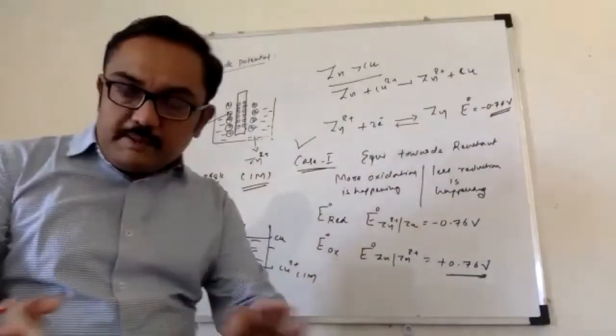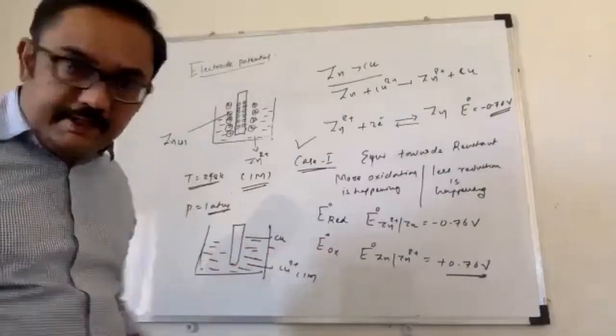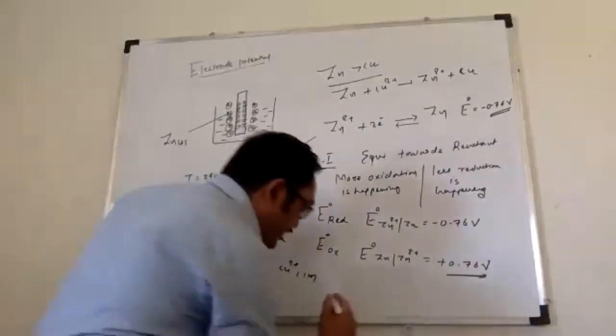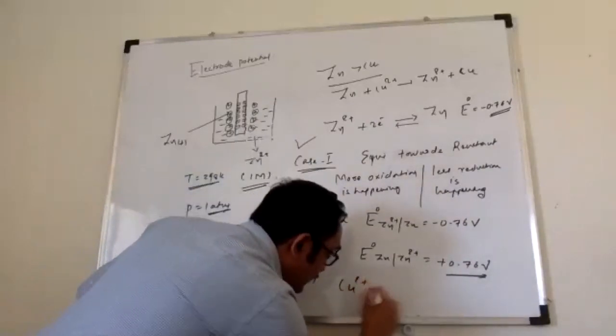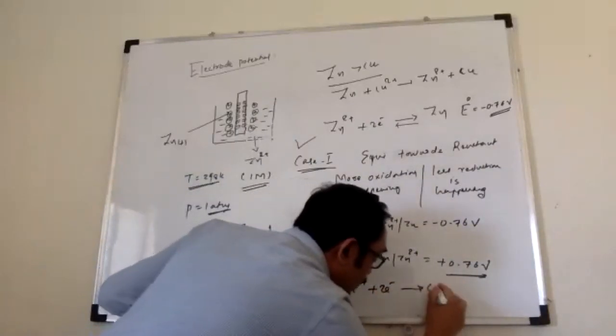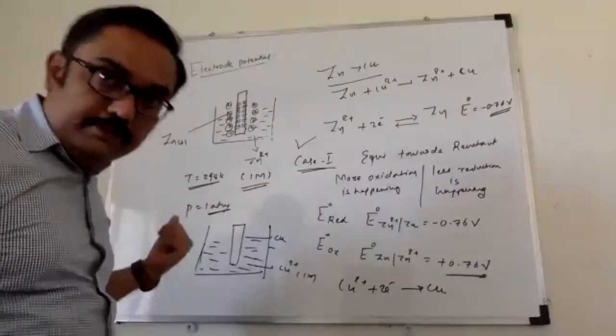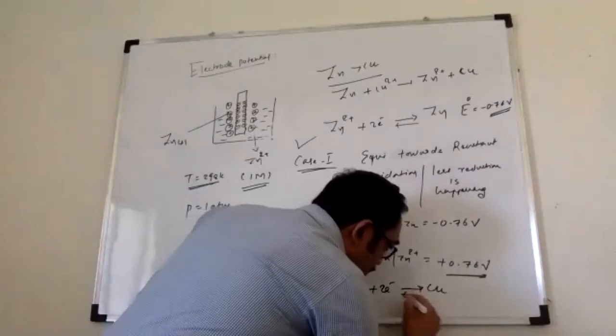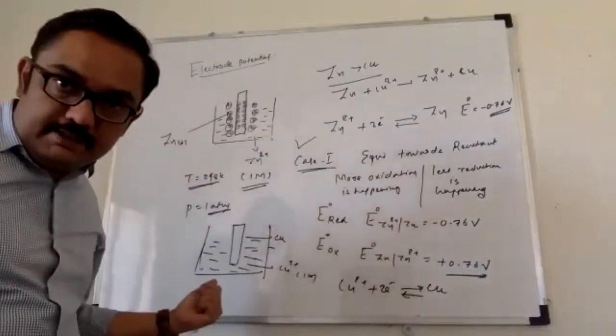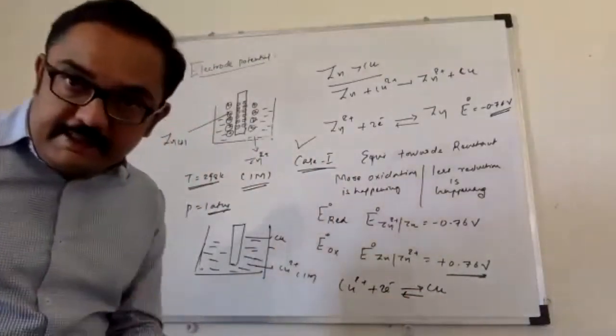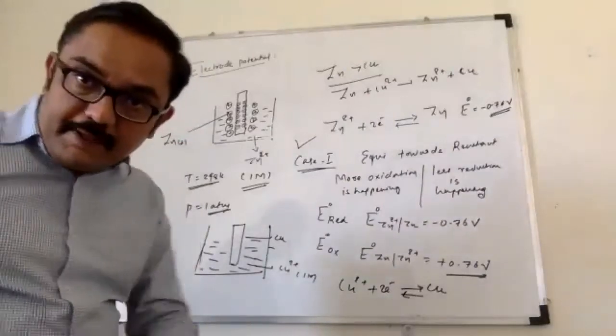Then again, both processes are going on like in the case of Zn. Let me write down the two processes. The copper ion will gain electrons and go into copper. That is one process, which we call reduction. And the opposite process, where copper goes into copper ion, is oxidation. Copper has a greater tendency to undergo reduction compared to oxidation.